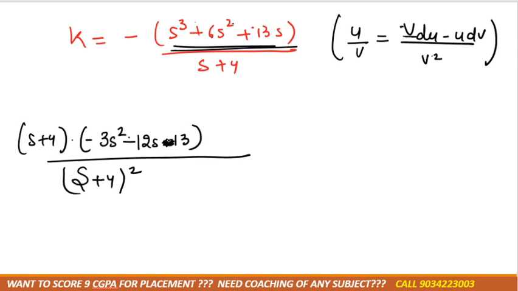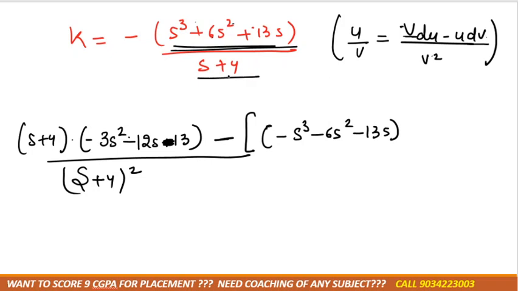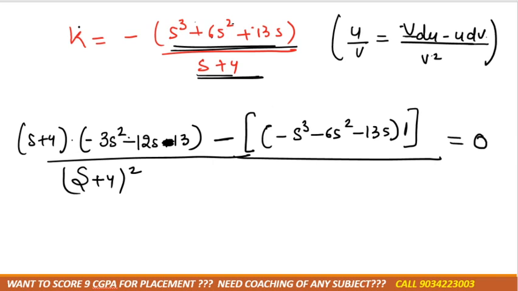Then minus, and after that u as it is: minus of s cube minus 6s square minus 13s, times dv, the differentiation of the denominator, s plus 4. 4 is a constant, its differentiation is 0, s differentiation is equal to 1 only, and that would be equal to 0.